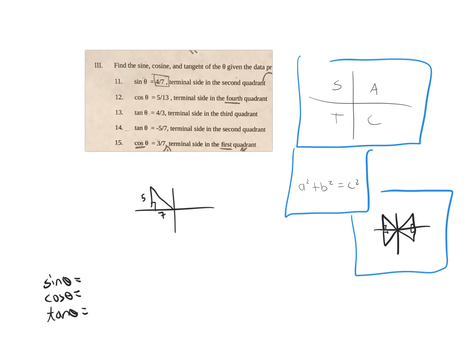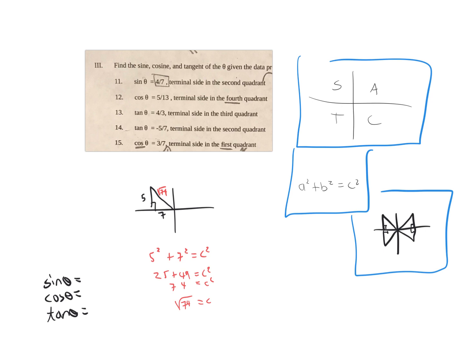So nonetheless, if we were to use the Pythagorean theorem, we're looking at 5 squared plus 7 squared equals C squared, and that's 25 plus 49 equals C squared. Therefore, C squared equals, looks like that would be 74. So C is equal to radical 74. So we could write that right here. Let me just double check. So yes, that should be correct.